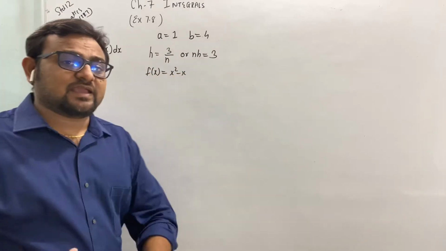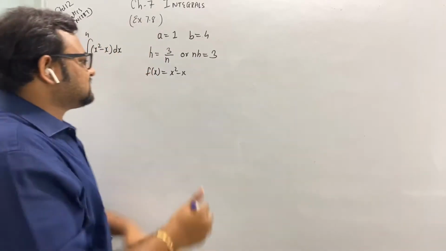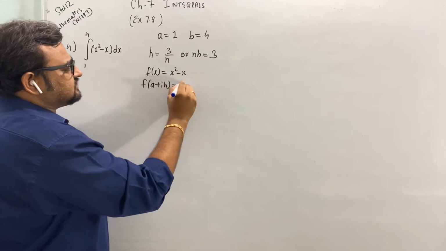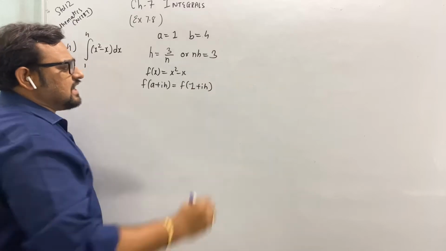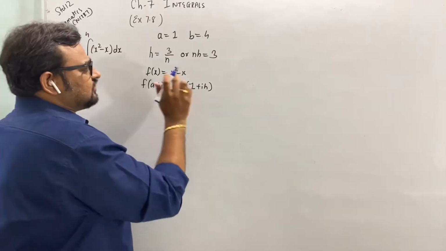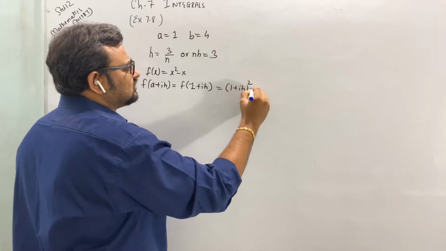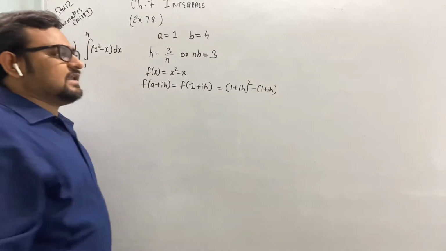So what are we taking? We are taking f of a plus ih. What is our a? 1 plus ih. So instead of x square, I will put (1 plus ih) whole square minus (1 plus ih).